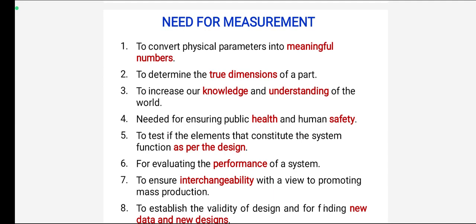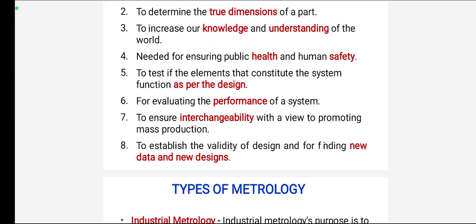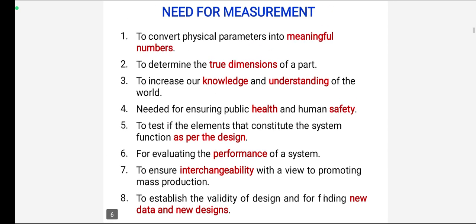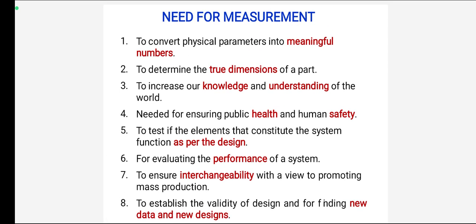Fifth, to test if the elements that constitute the system function as per the design. Next, for evaluating the performance of a system and to ensure interchangeability with a view to promoting mass production, to establish the validity of design, and finding new data and new designs. So these are all the needs for measurements.